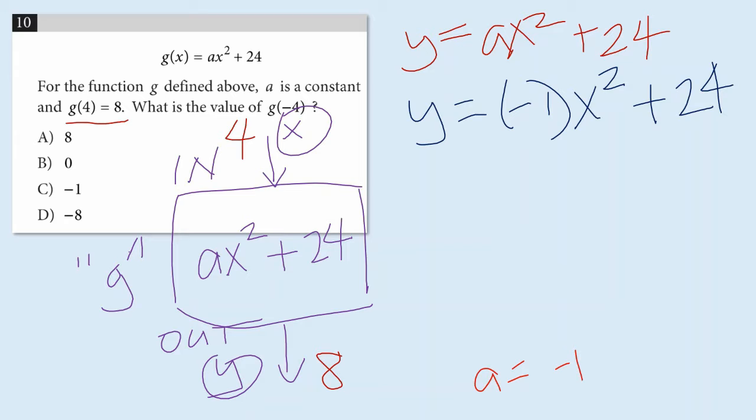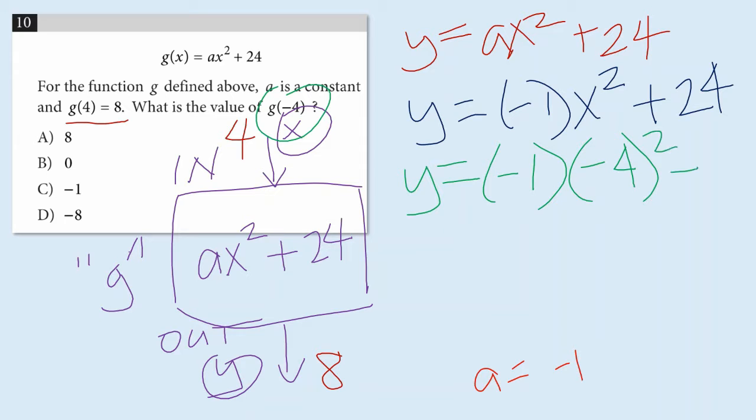So I have that, and they're asking me what is the value of y when x is negative 4. So let's just plug in the value of x that they've given us, which is negative 4. And then we just evaluate this.